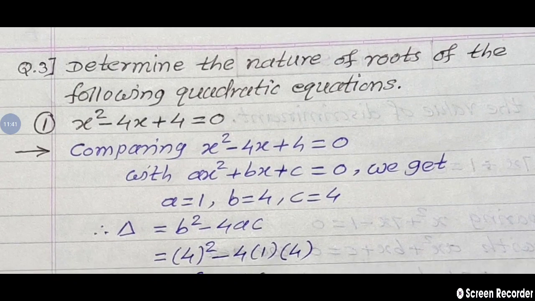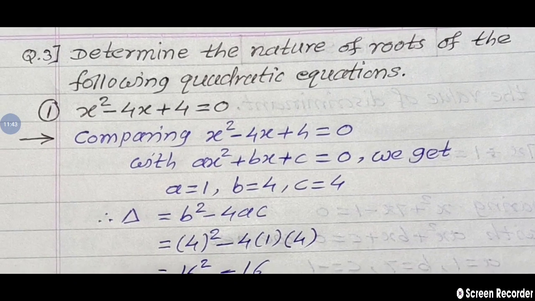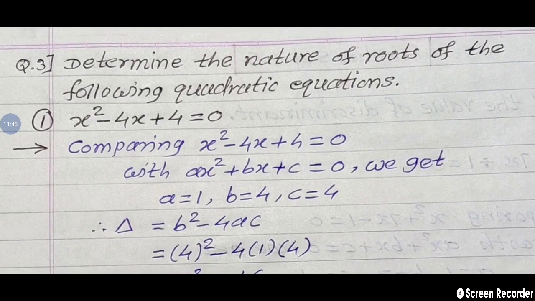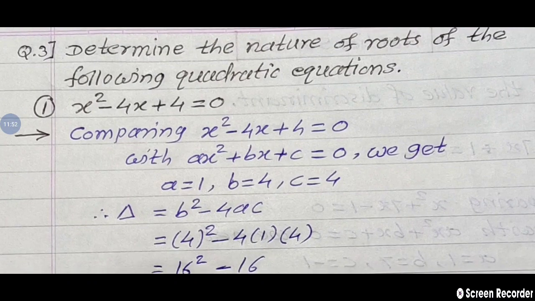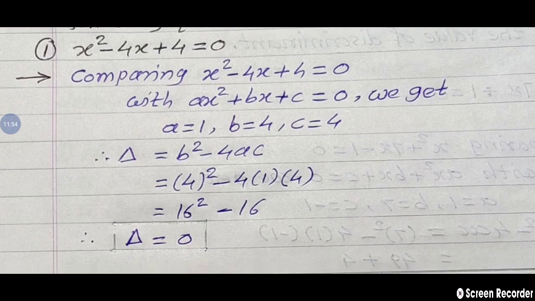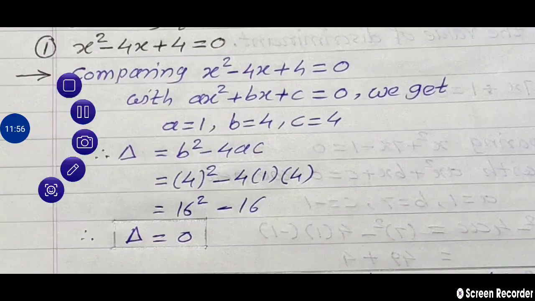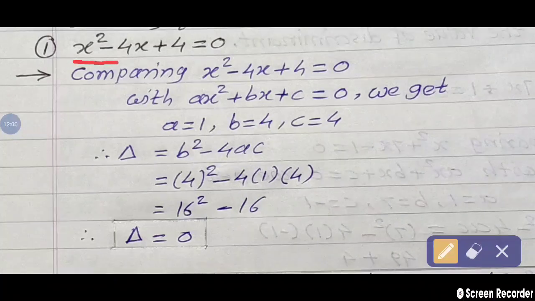In question number 3, determine the nature of roots of the following quadratic equations. So what is the given quadratic equation? Check that. x square minus 4x plus 4 is equal to 0.